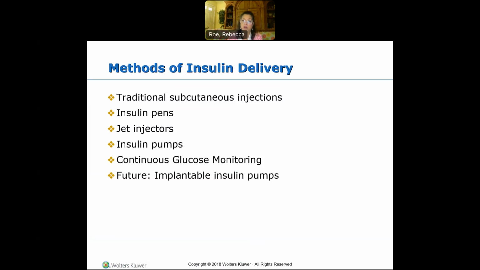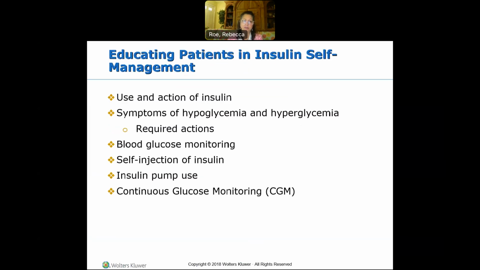Just to let you know, there are a variety of things for insulin delivery, and it's important for us to understand how to use them properly. And if those patients go home with insulin pens or jet injectors or an insulin pump, it's important that patients know how to use them. If they have to do subcutaneous injections the traditional way, we have to do teach back and make sure that they know how to do their own injections.